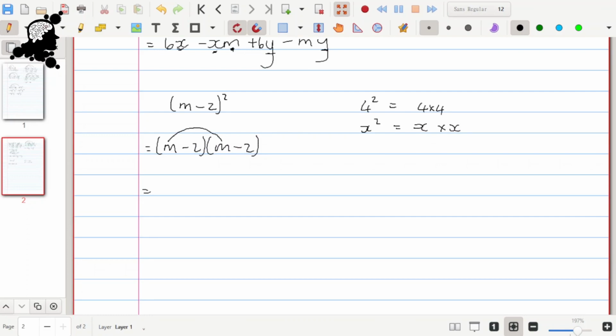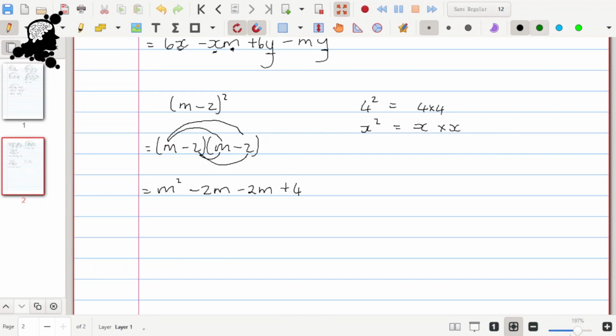m times m, FOIL, first term, m squared. Multiply the outer terms. m times minus 2, this is minus 2m. Multiply the inner terms. Minus 2 times m is minus 2m. Multiply the last terms. Minus 2 times minus 2 gives us positive 4. Do we have like terms?